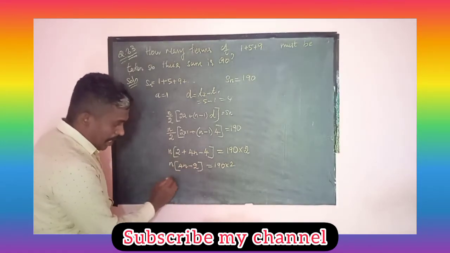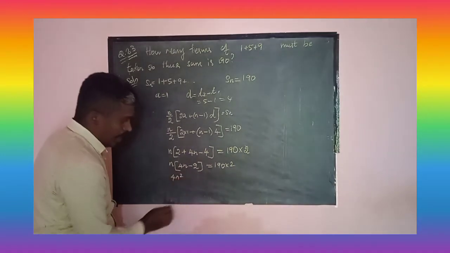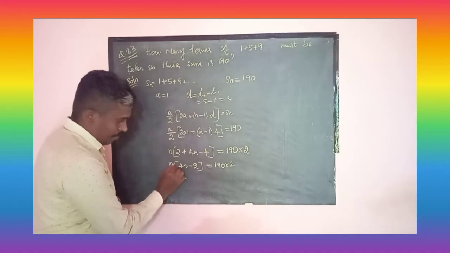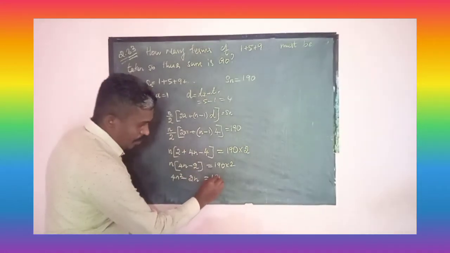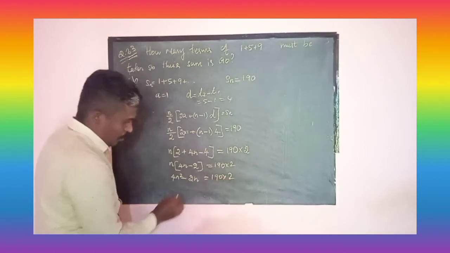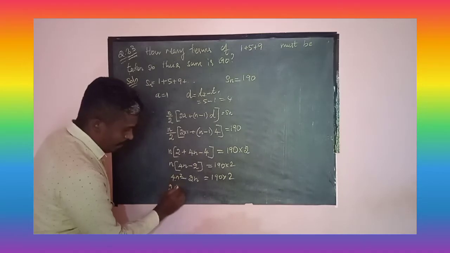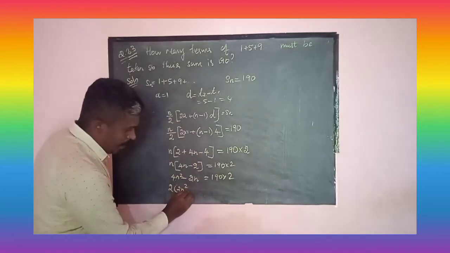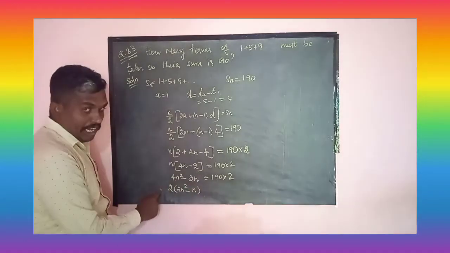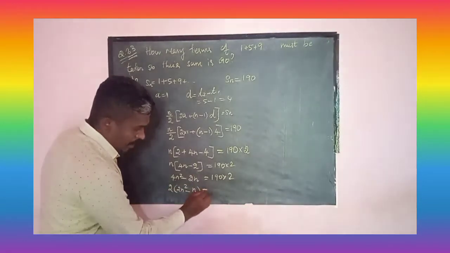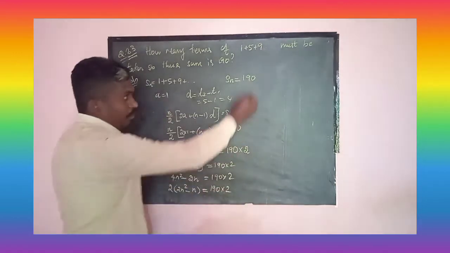First we multiply with n: n into 4n is 4n square, minus n into 2 is 2n, is equal to 190 into 2. Taking 2 common outside, 2n square minus n, with only n as the balance, is equal to 190 into 2.